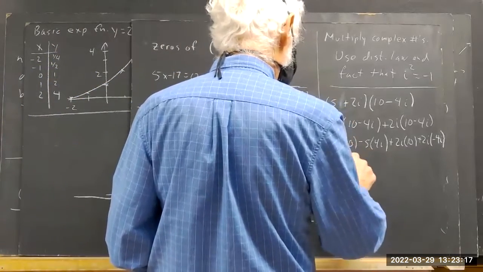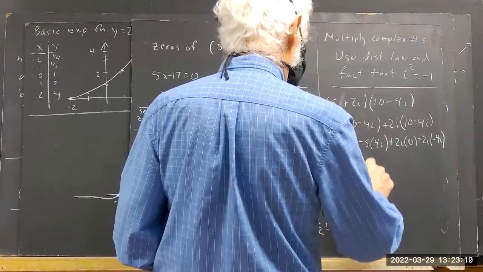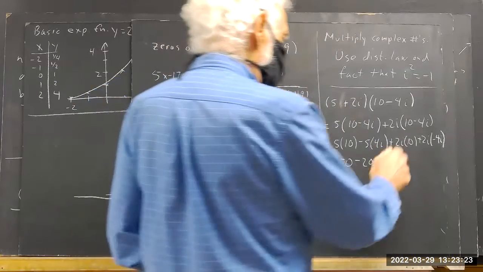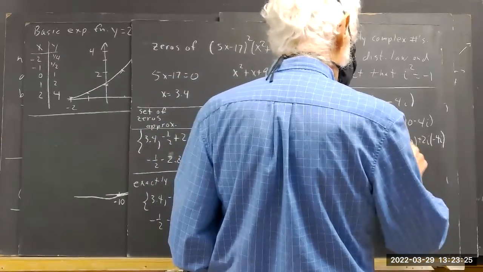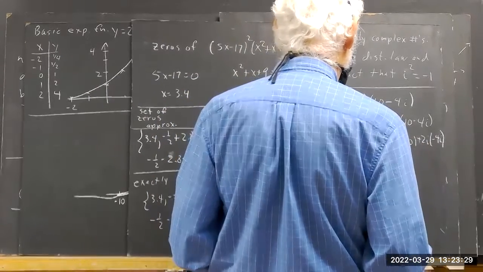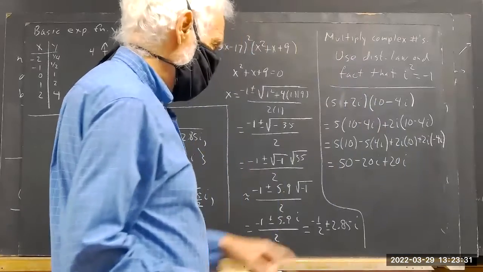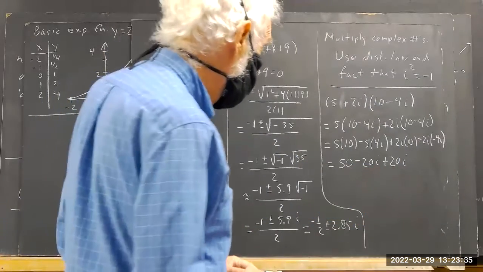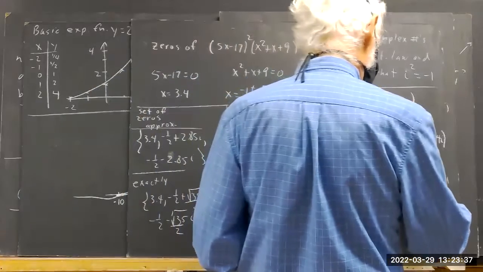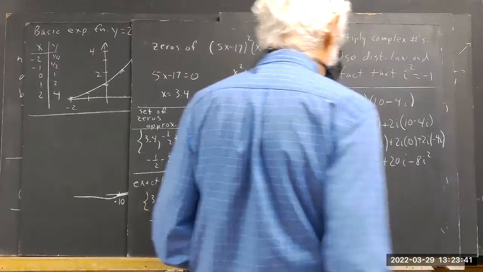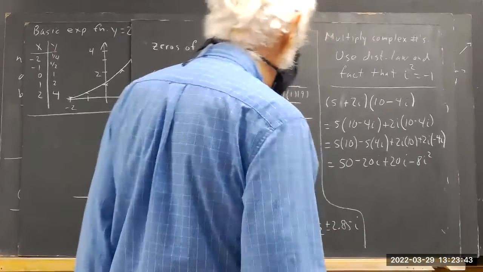5 times 10 is 50. 5 times 4 is 20, of course we got the negative. 2i times 10, 2 times 10 is 20, so that's 20i. Then it's minus 8i squared.